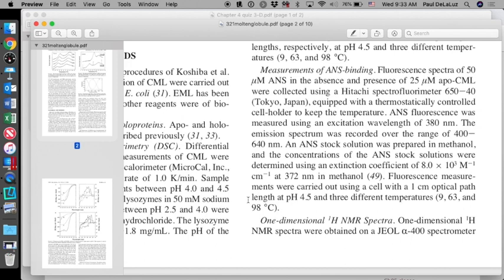And so they're going to put it in a fluorimeter that can excite at 380. So they use 380 nanometer UV light, and then they recorded this spectrum between 400 and 640 nanometer to see what comes up.